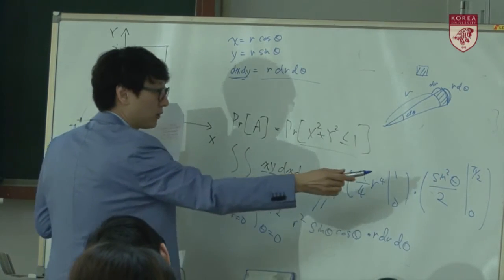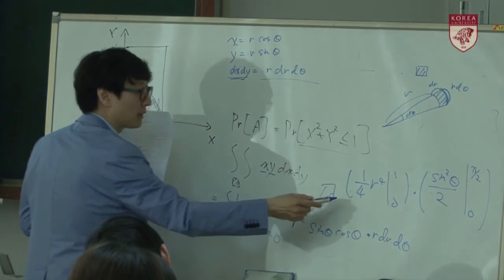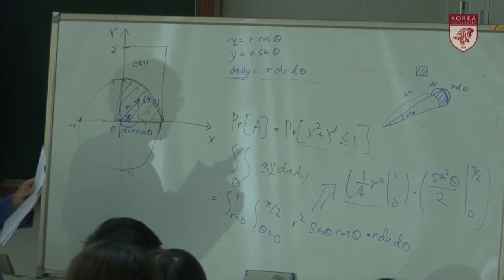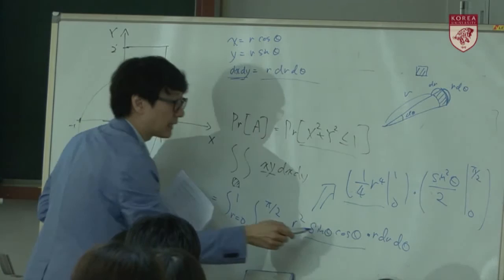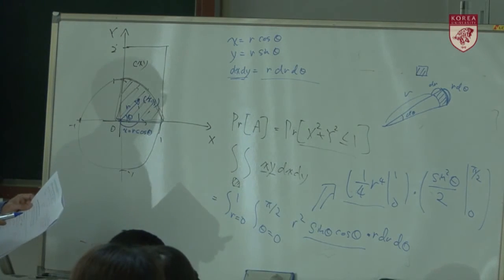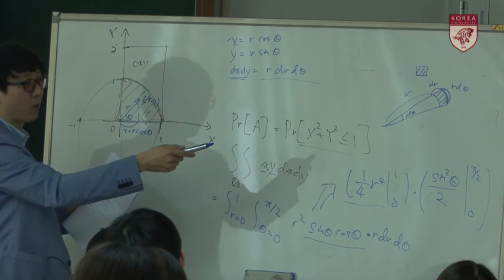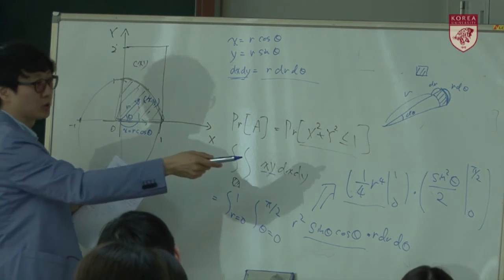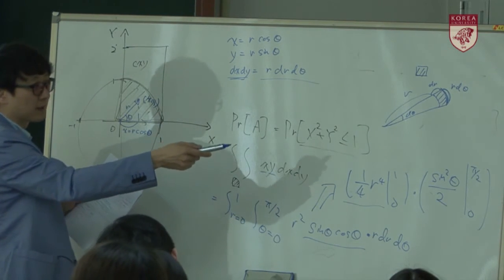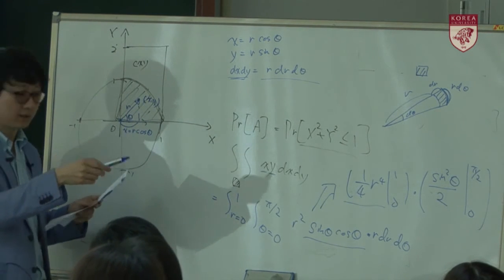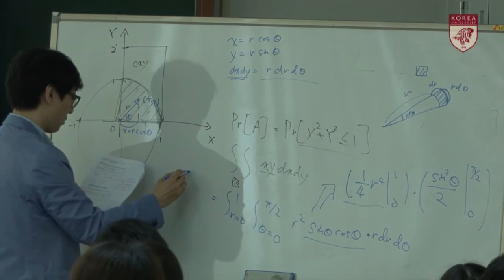If you integrate the r part, it becomes 1 over 4 r to the fourth. The theta part becomes sine squared theta over 2. If we calculate everything, the answer is 1 over 8.